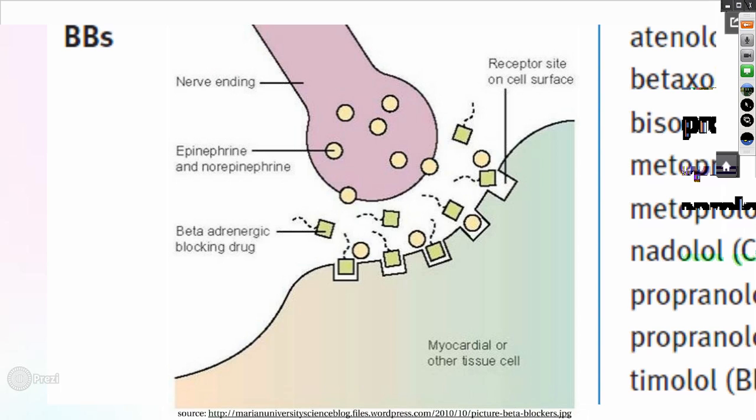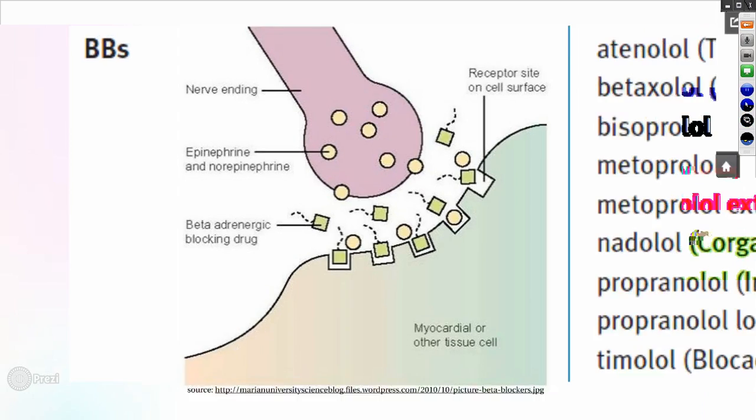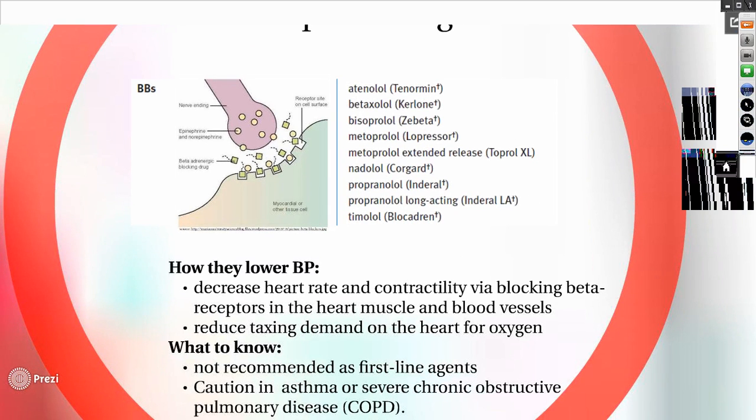Demand for oxygen, right? Because now the signal of, hey, let's go, rev up, let's keep going, is gone. So beta blockers help decrease the heart's rate and contractility by blocking these beta receptors in the heart muscle.